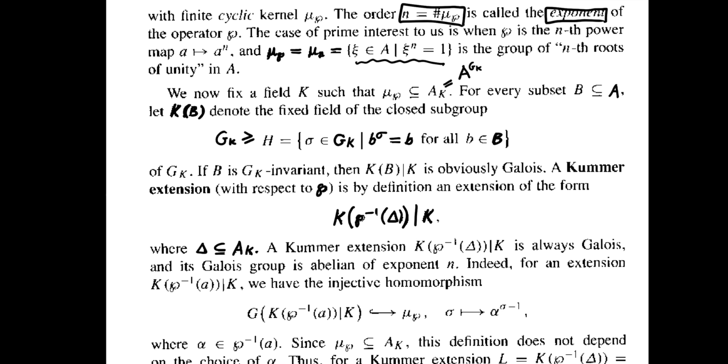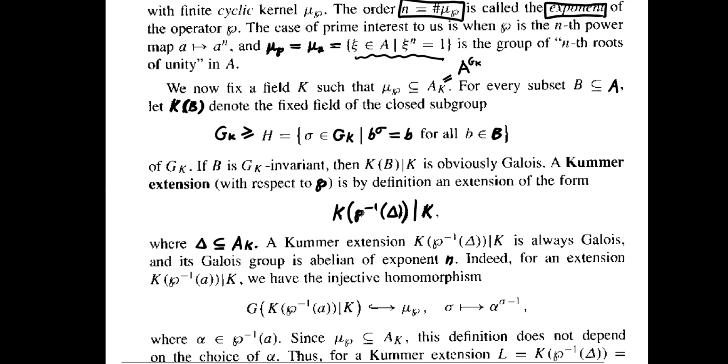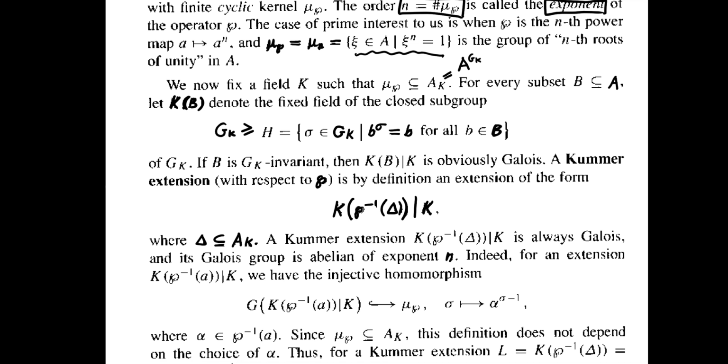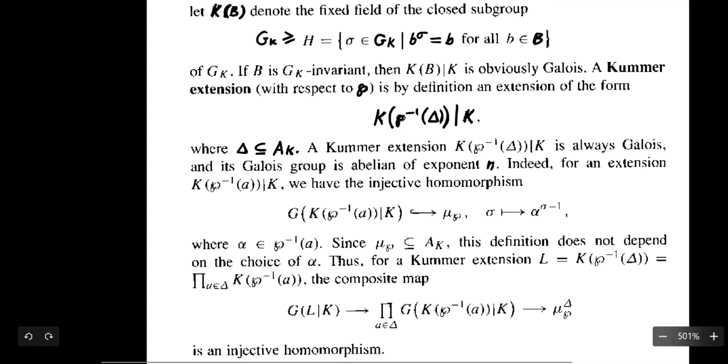Its Galois group is abelian of exponent n. We just defined what exponent is: the exponent is the cardinality of the kernel. Indeed, this is to explain Galois of exponent n.